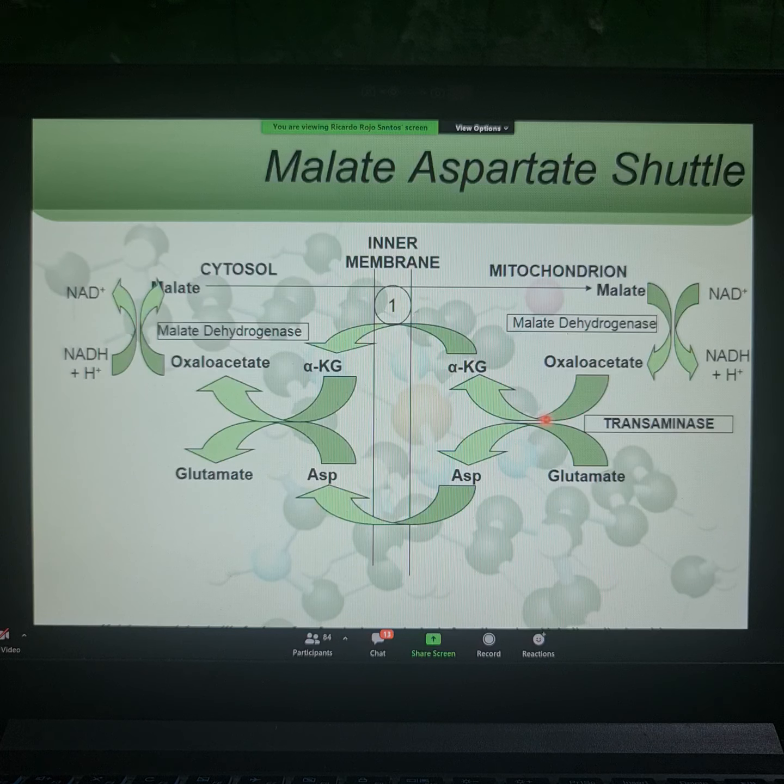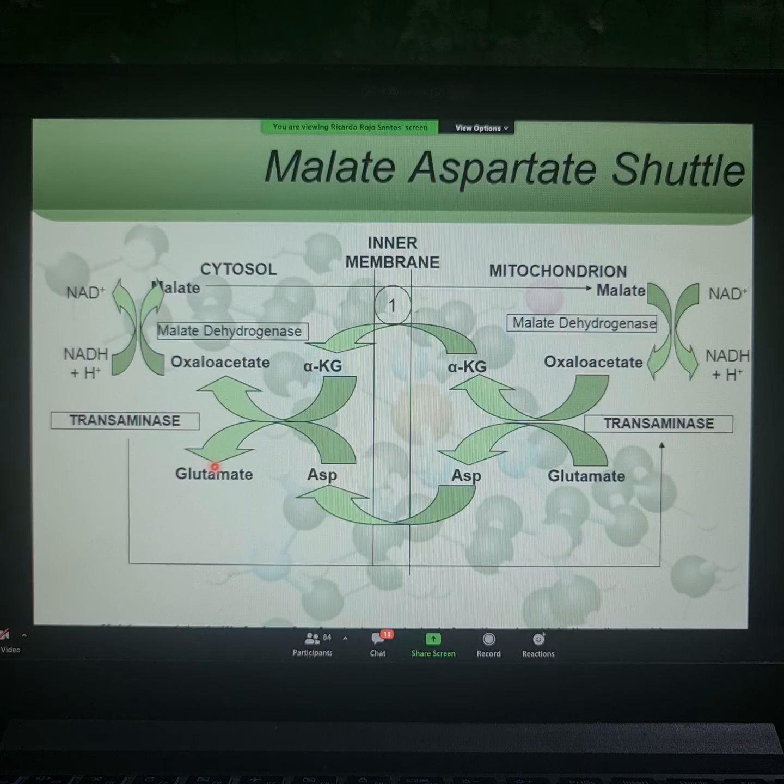So oxaloacetate will be converted to alpha-ketoglutarate, and alpha-ketoglutarate will be translocated into the cytosol by alpha-ketoglutarate transporter. And alpha-ketoglutarate will react with aspartic acid.